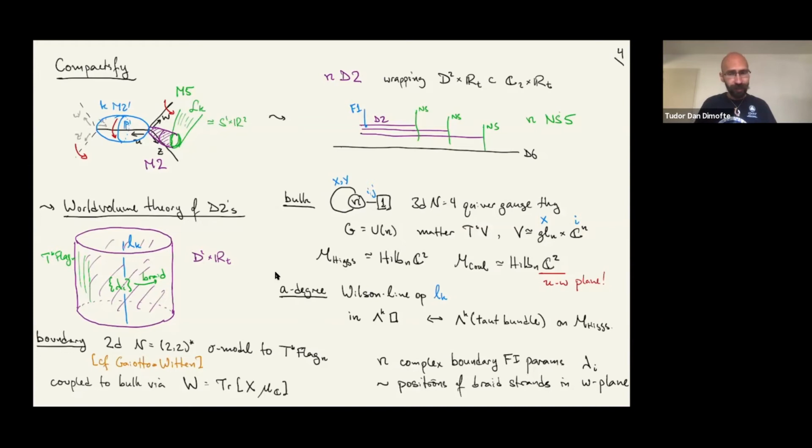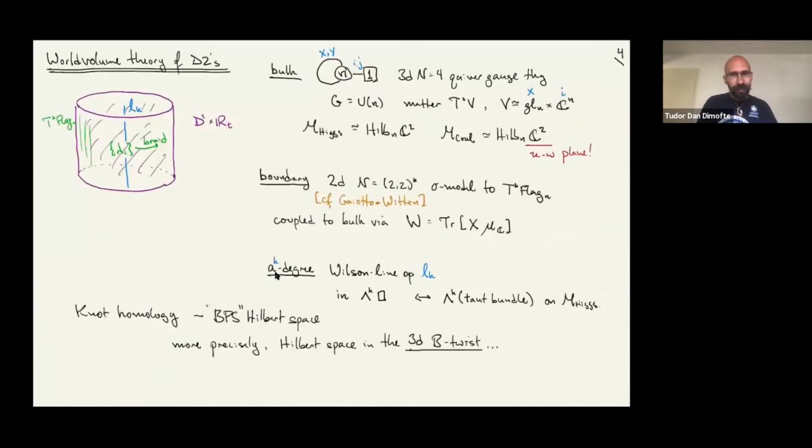In the gauge theory, it's in the kth exterior power of the fundamental representation, or if you want to think of it on the Higgs branch, that ends up describing a certain bundle on the Higgs branch, which is just the kth exterior power of the tautological bundle of the Hilbert scheme. So those are the three ingredients in the field theory.